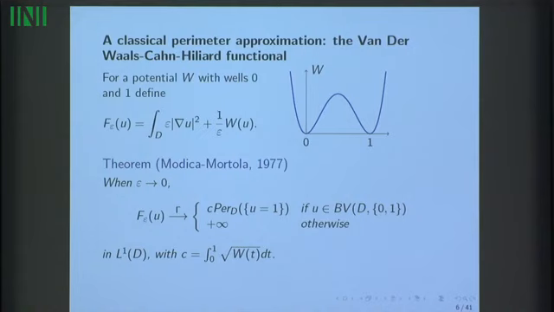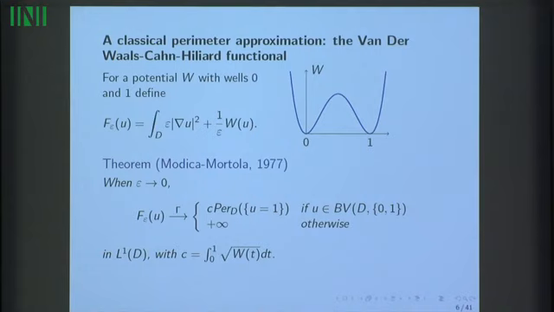And I need a double well potential W, and this gradient term. When epsilon goes to 0, essentially this potential will force U to be 0 or 1, and this gradient somehow counts sharp variations. And in fact, this is what is proved.